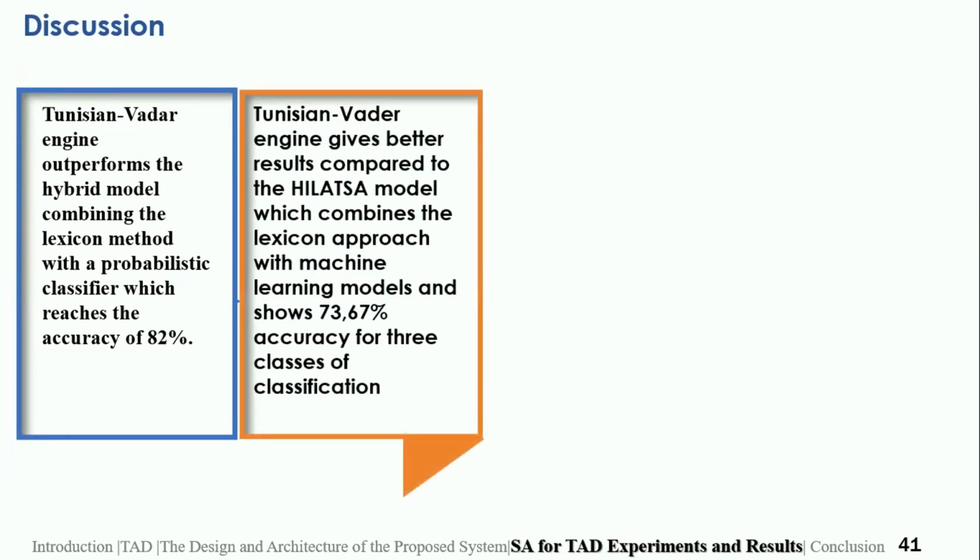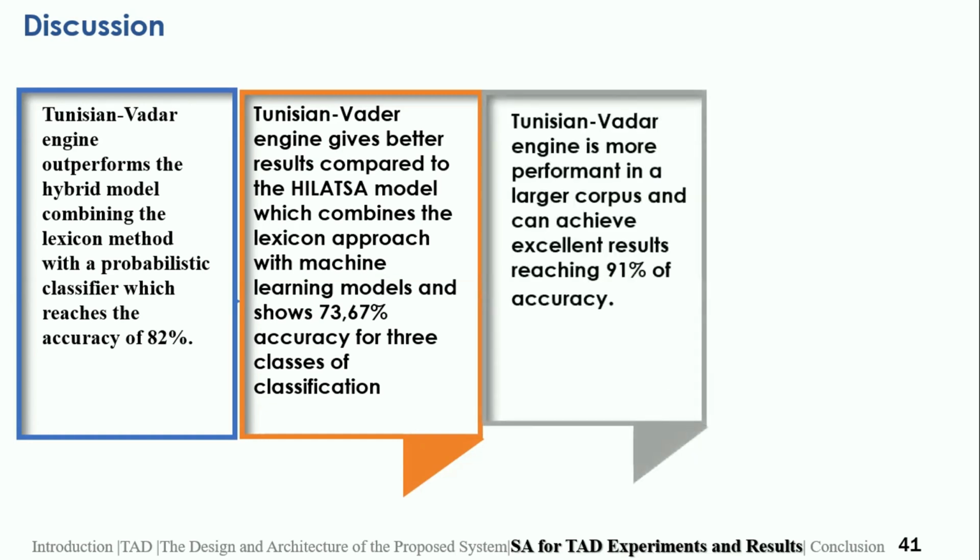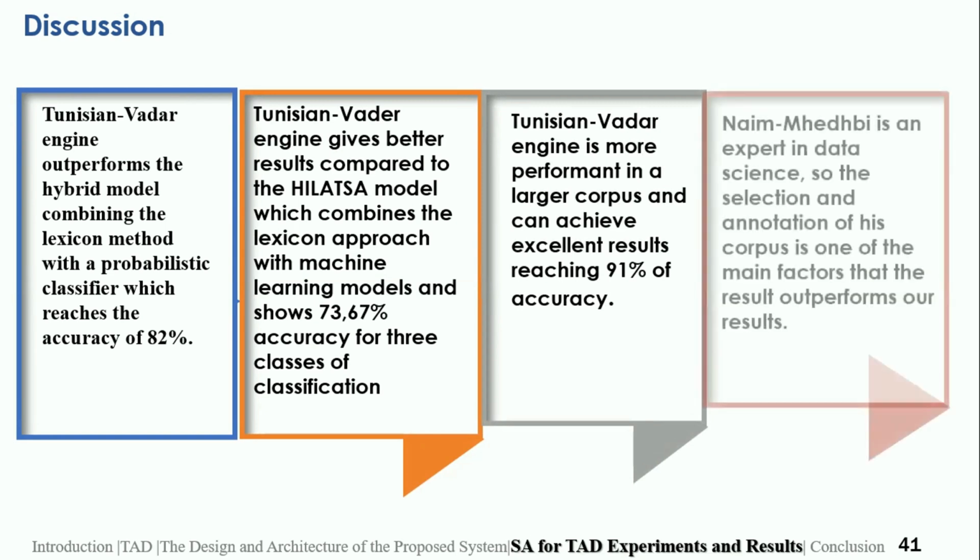The Tunisian VADER engine also gives better results compared to the model which combined the lexicon approach with a machine learning model and showed 73% accuracy for three classes. The Tunisian VADER engine is more performant on a large corpus and can achieve excellent results, reaching 91% accuracy. Naim Hadhri is an expert in data science, so the quality of annotation of his corpus is one of the main factors that made his result outperform ours.